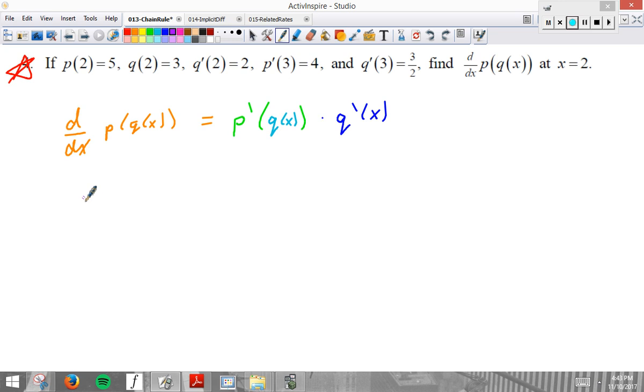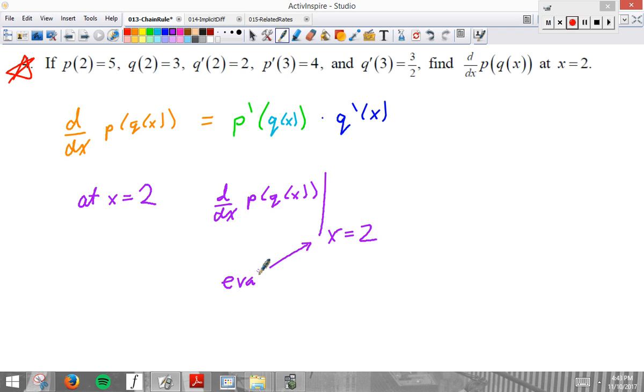So, at x equals 2, we have the derivative. This is usually the notation we use for evaluating a derivative at x equals 2. So again, that means evaluated at x equals 2.